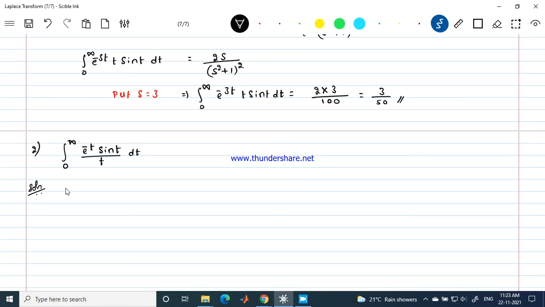In this problem, I need to consider integration 0 to infinity. I have this exponential function. I will treat that as e power minus st into sine t divided by t dt. This becomes Laplace of sine t divided by t. We know how to find the Laplace of this function.